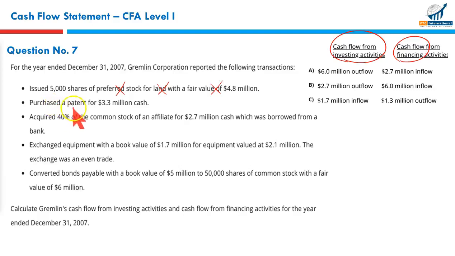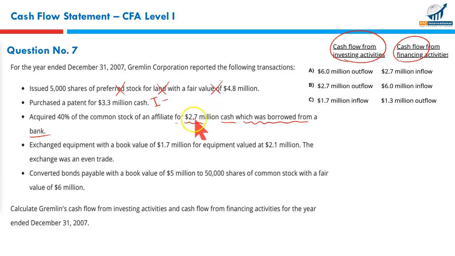Next transaction, purchased a patent for 3.3 million cash. It's an investing outflow. You are purchasing a patent, which is an intangible asset, acquiring an asset and paying the money for that. Next, acquired 40% of the common stock of an affiliate for 2.7 million cash, which was borrowed from a bank. Now, there are two aspects to this transaction.